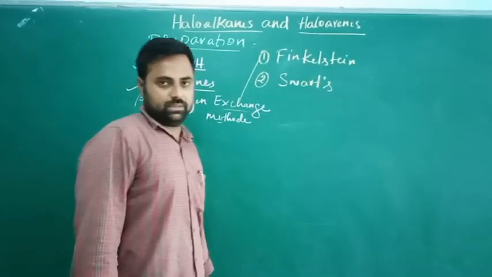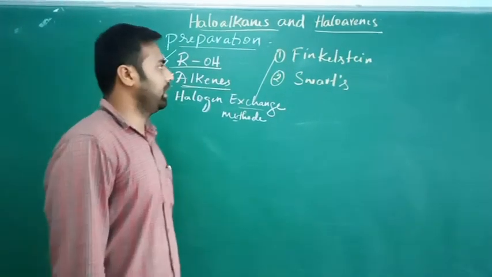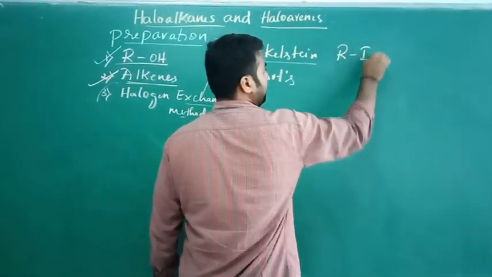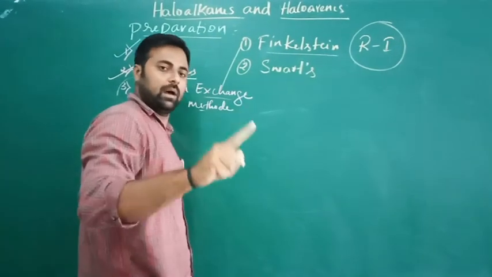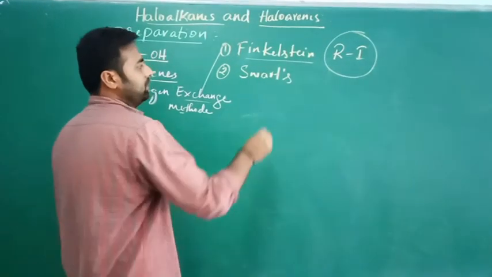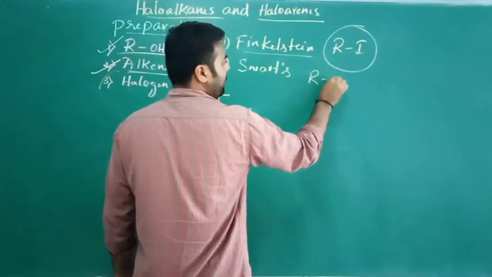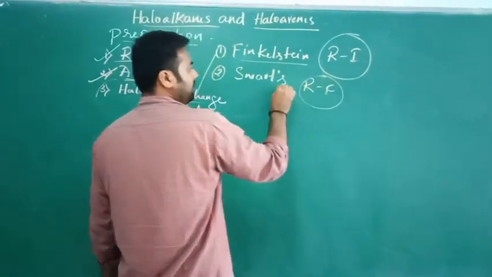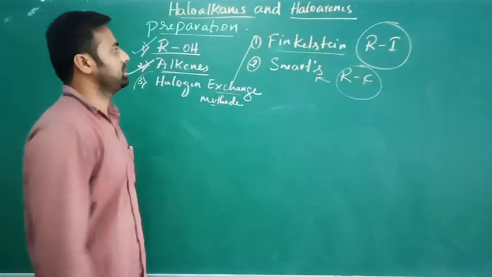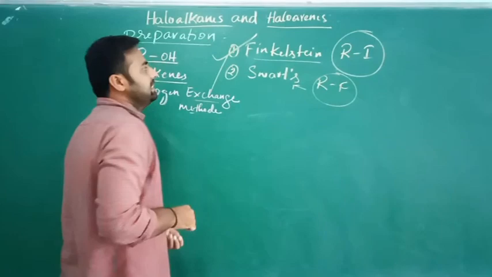These two reactions are used to prepare the respective alkyl halides. If you want to prepare alkyl iodides, you can go through the Finkelstein reaction. If you want to prepare alkyl fluorides, you have to follow the Swarts reaction. So let's start with the first one, the Finkelstein reaction.